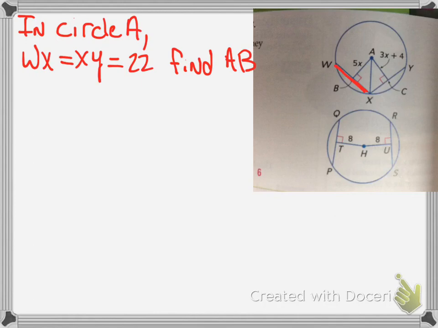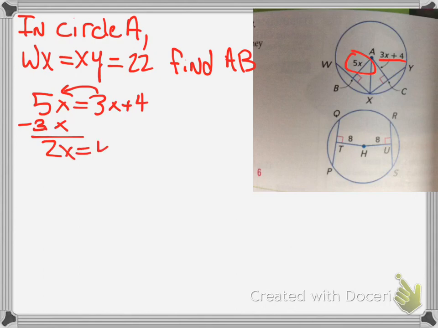Since those are the same, then based on that theorem, we can say they are the same distance from the center, which means these two things are equal to each other. So I can say 5x is equal to 3x plus 4. Variables to the left, numbers to the right. That would give me 2x equals 4. So x equals 2. And again, that's not the answer.